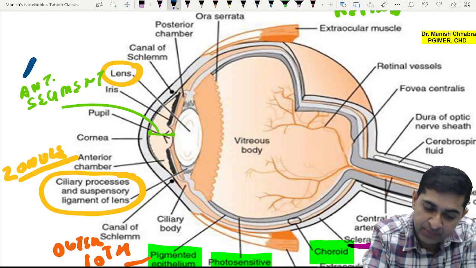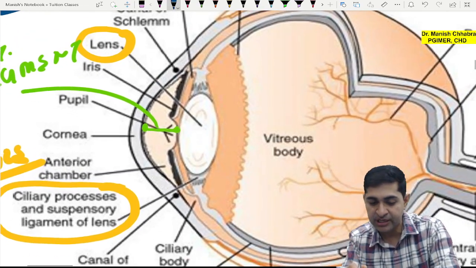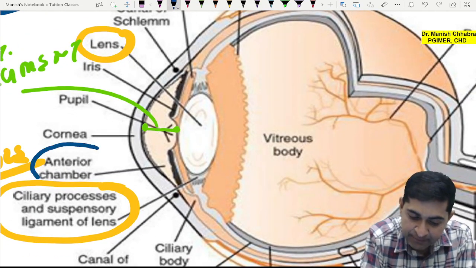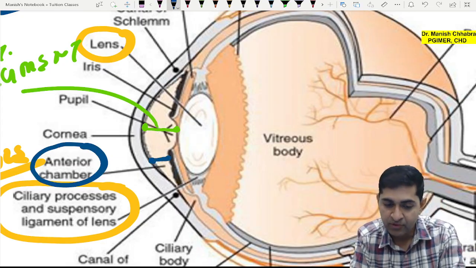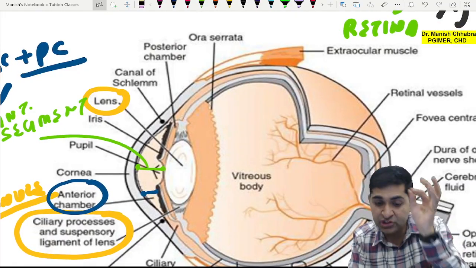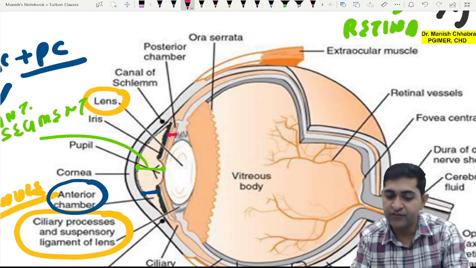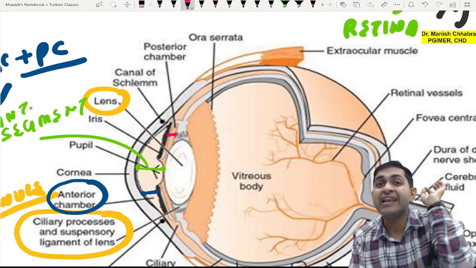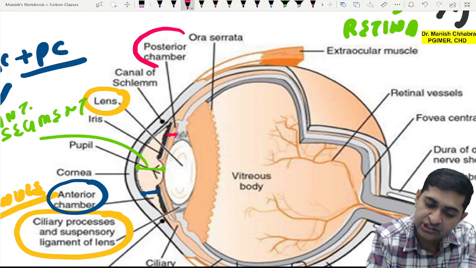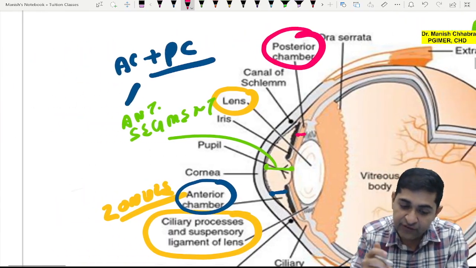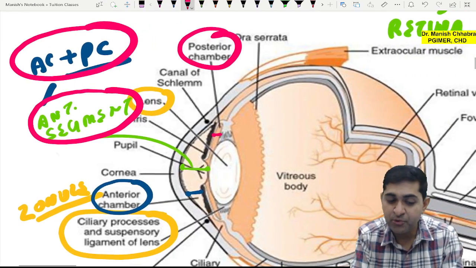One is the anterior chamber, another is the posterior chamber. Please focus here. Now the anterior chamber is from the back of the cornea till the anterior surface of the iris. But the posterior chamber is from the posterior surface of the iris to the anterior surface of the zonules, lens, etc. So this is your posterior chamber. So I won't be wrong if I say the anterior segment is the anterior chamber plus the posterior chamber.